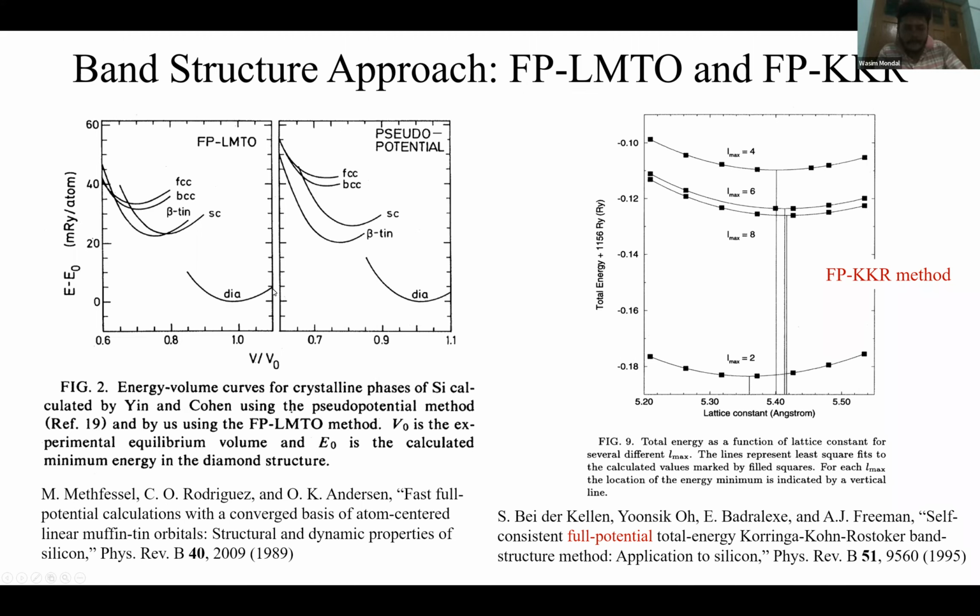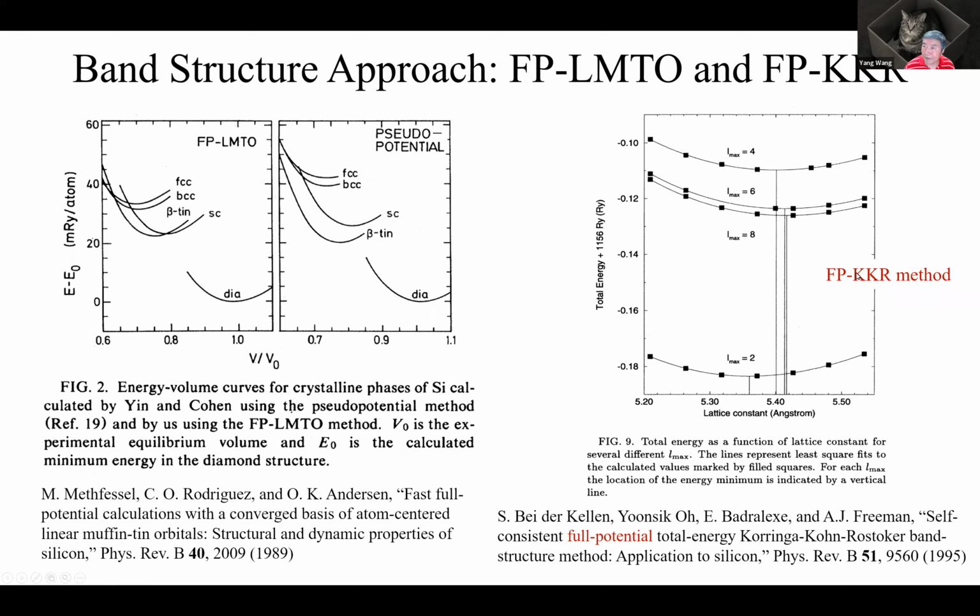This is silicon in the diamond structure, but it is all based on the band structure approach. They solve the Kohn-Sham equation, solve for the wave functions, and construct the charge density from the eigenvalue solution. It's not a Green's function approach.